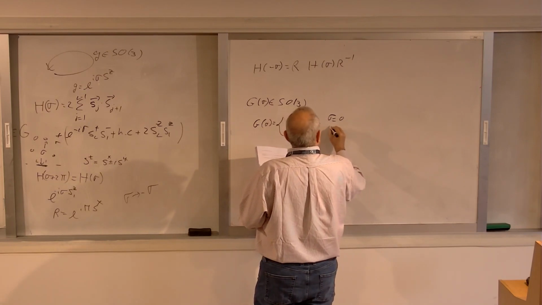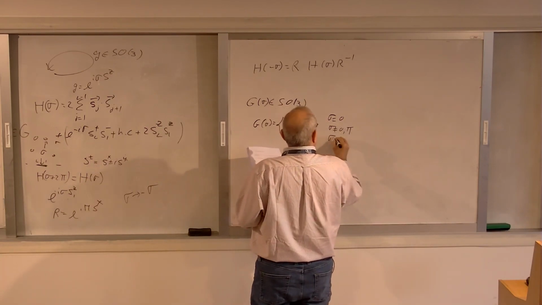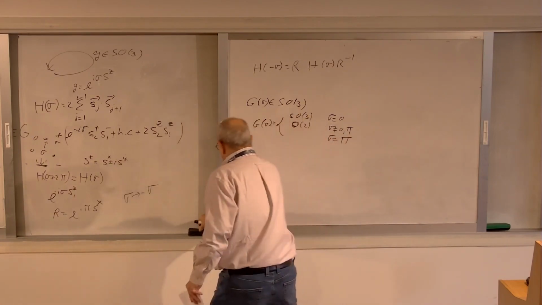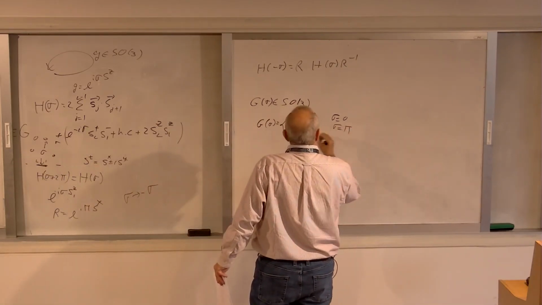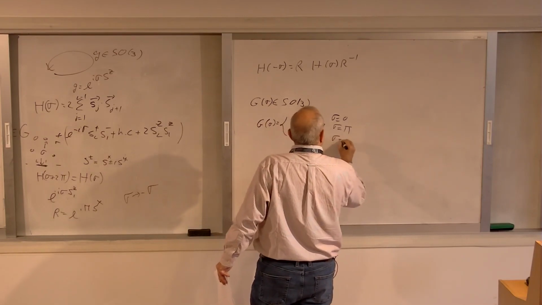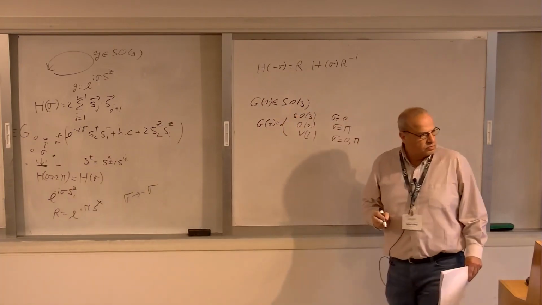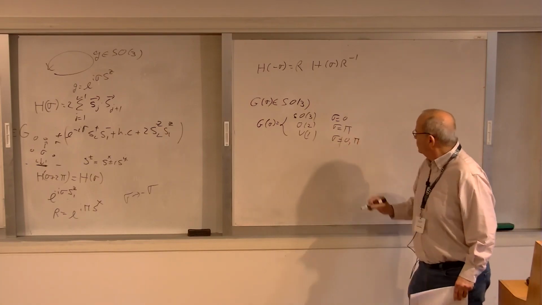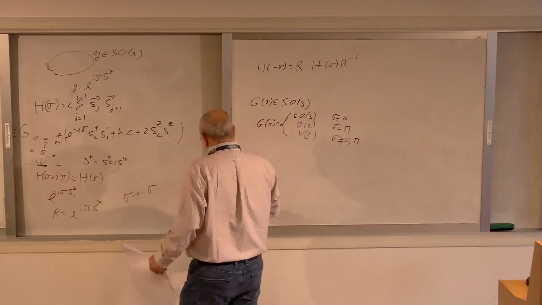For generic sigma, we have O2. For sigma equals pi, we have O2, and for sigma not equal to 0 or pi, we have U1. So that's the symmetry group.